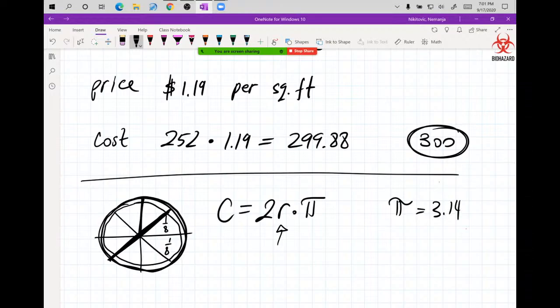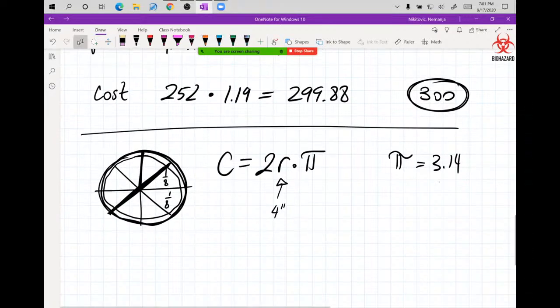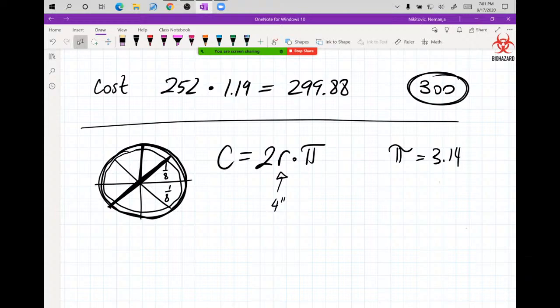So if the radius of a pizza is 4 inches or 8 inches, whatever the radius is, you can compute the distance over here, and then you can figure out how much cheese you actually need. And the stuff inside is the area, pi r squared, same pi, 3.14, r is the radius.